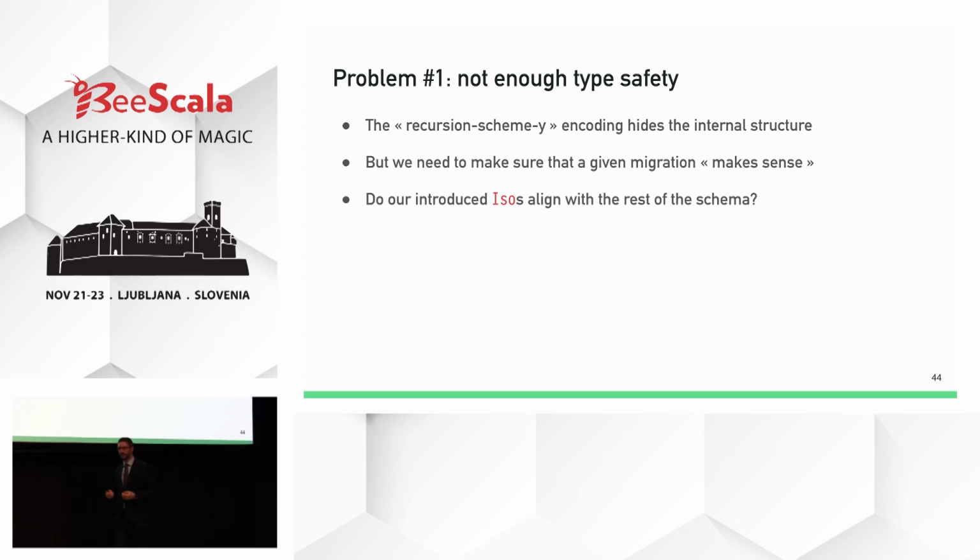And so if I give you a schema and I say, I added this field in the schema, the compiler has not enough information to make sure that this field actually is in your schema. So making something type safe because of that was very difficult.